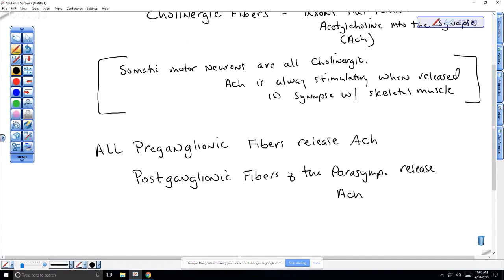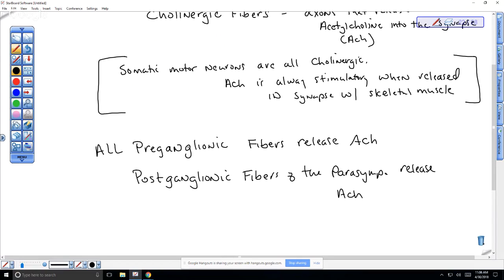Okay, so does the parasympathetic always stimulate, or does it sometimes inhibit? Sometimes it inhibits. So in this particular instance, ACH can actually be excitatory or inhibitory, depending upon the organ it innervates.